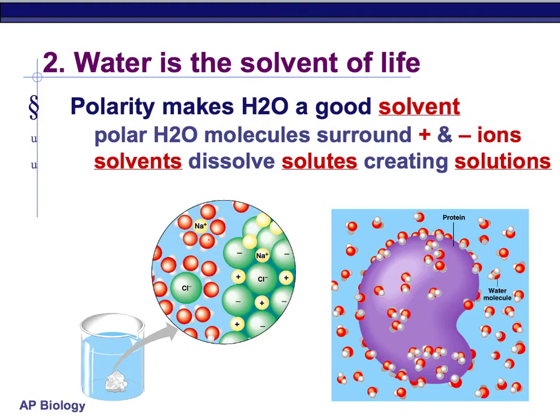Chlorine, which is negative, gets surrounded by the hydrogen end of the water molecule because those are positive. The negative chlorine is attracted to the positive hydrogens. Because the water molecules are literally in between sodium and chlorine, they can't go back together, which is why if you boil the water away and you evaporate these molecules, the salt reforms.